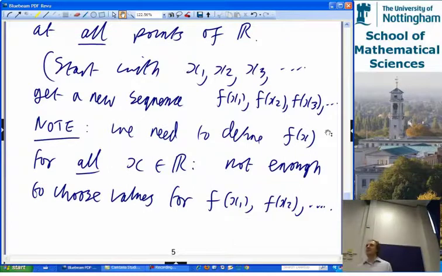So quite a lot of the answers in the exam just told me what they wanted f of xn to be, but I couldn't tell what the function f was. It didn't specify a function, and it usually didn't actually work, at least in any obvious way.